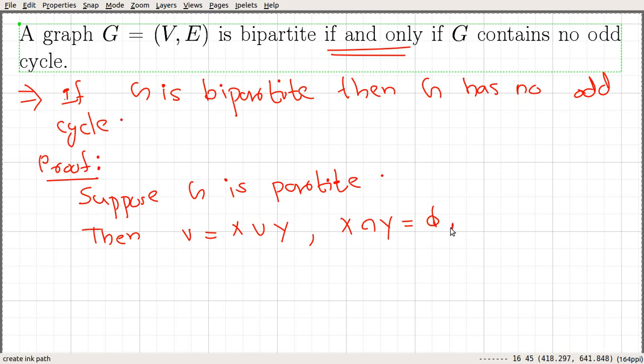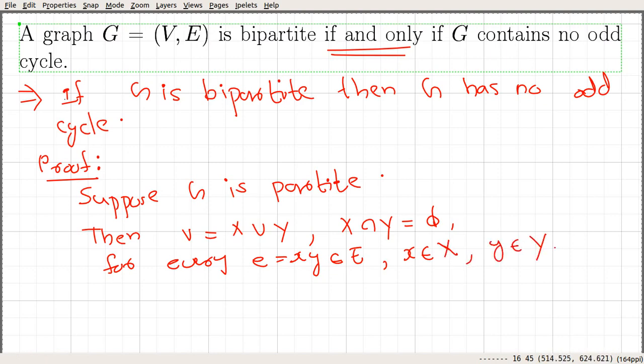For every edge xy in the edge set, if x is an element of X, then y is an element of Y, because we are given that G is a bipartite graph. So we can partition the vertex set into two disjoint subsets X and Y, where for each edge xy in E, x is an element of X and y is an element of Y.